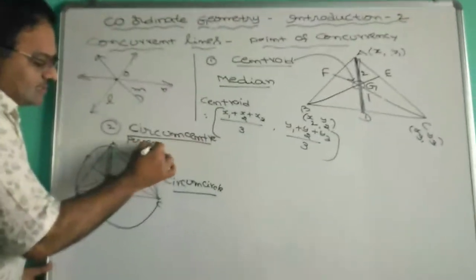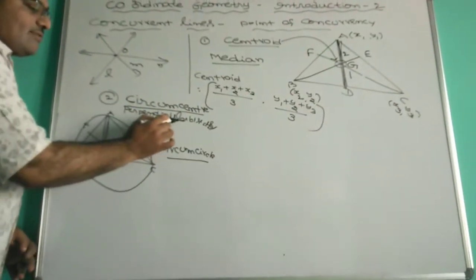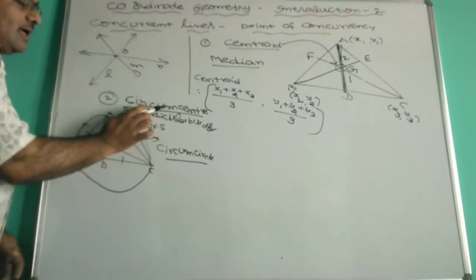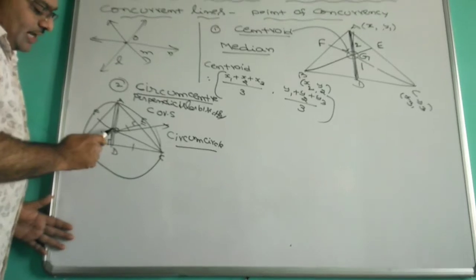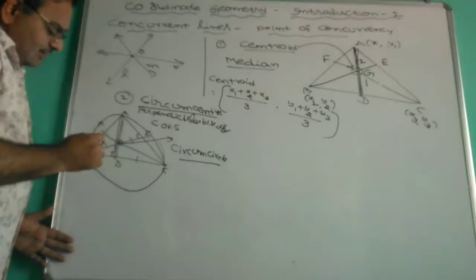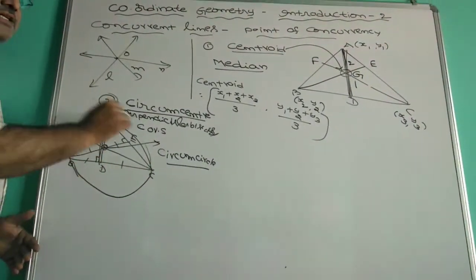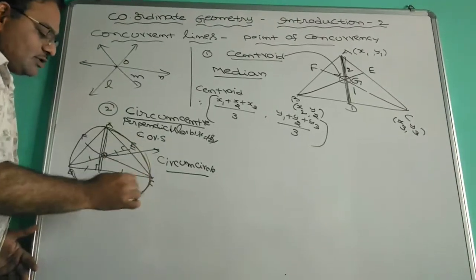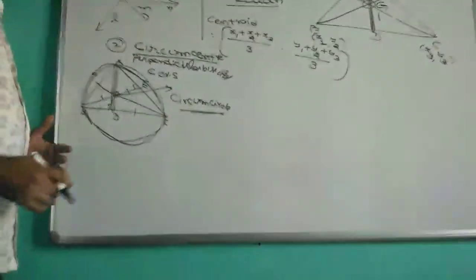If you draw the perpendicular bisectors, the point of concurrency of the perpendicular bisectors is called the circumcenter. If you take that point as the center, and SA or SB or SC as the radius, and draw a circle, the circle passes through the vertices of the triangle. Then the circle is called the circumcircle.